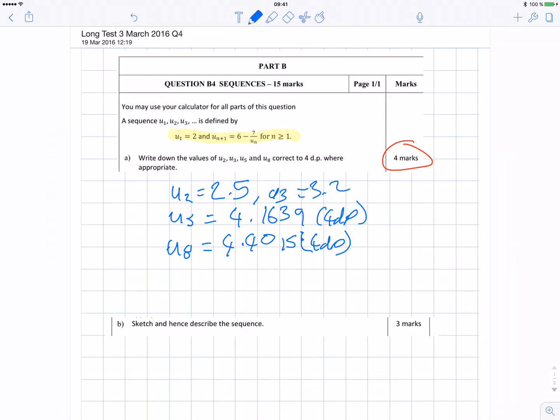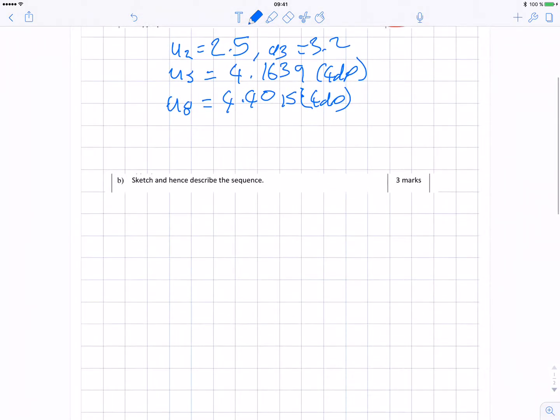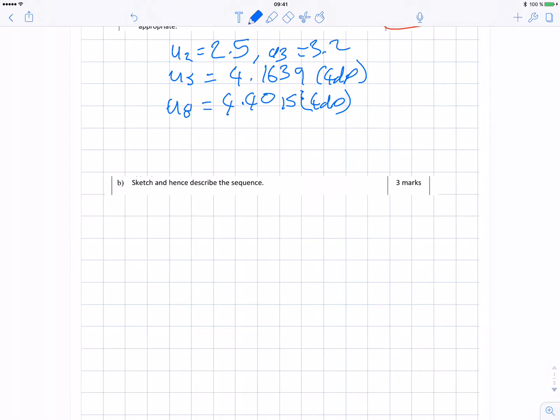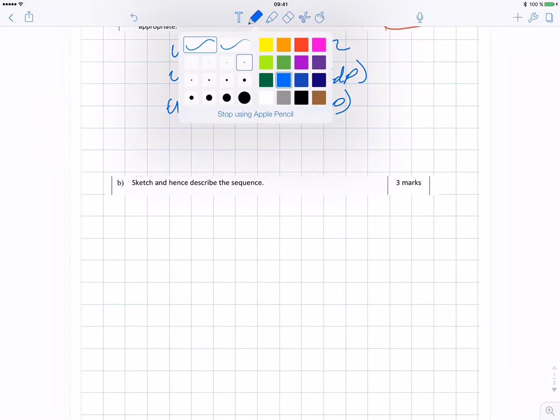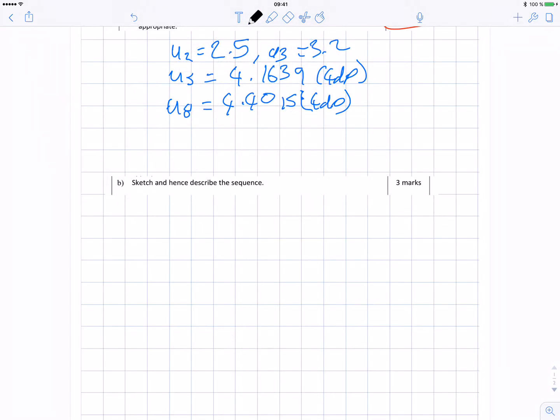So moving on to part B, sketch and hence describe this sequence. Unfortunately I'm not too good at drawing straight lines on this, but I'll try my best. I think the easiest way of doing this is on a separate graph.